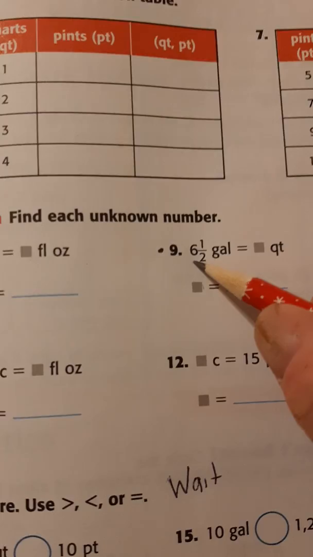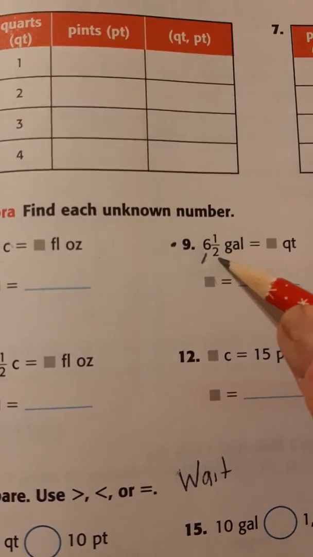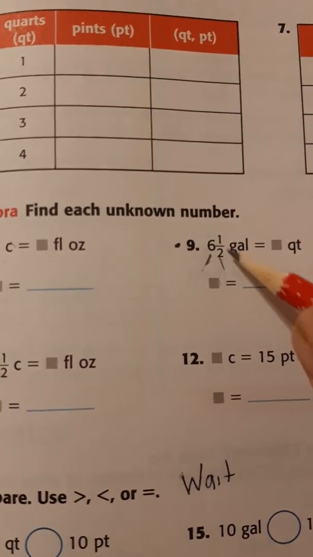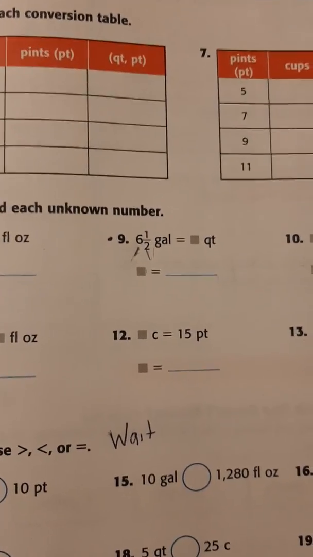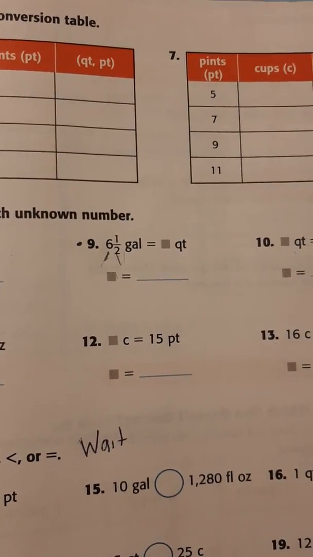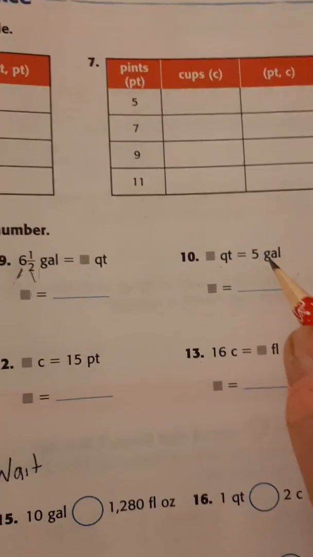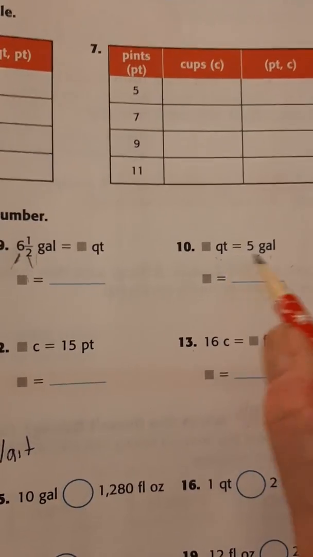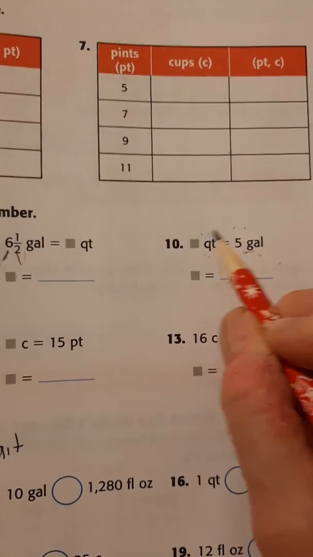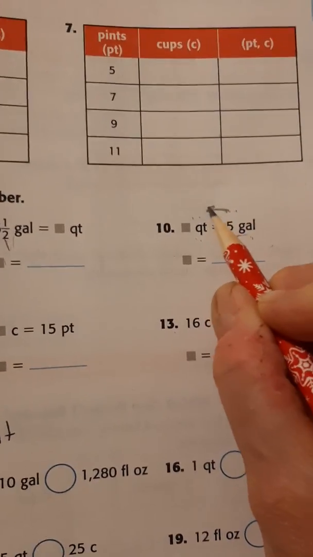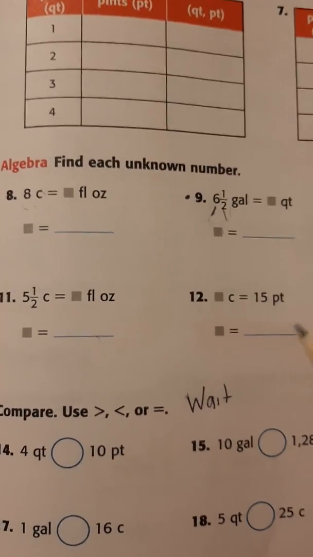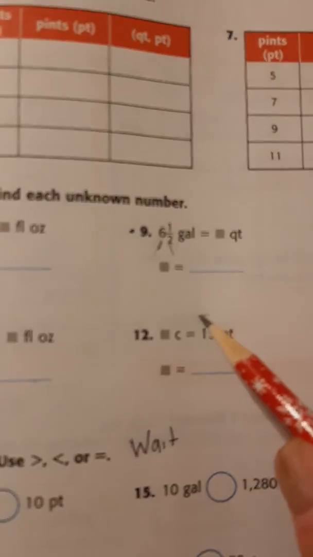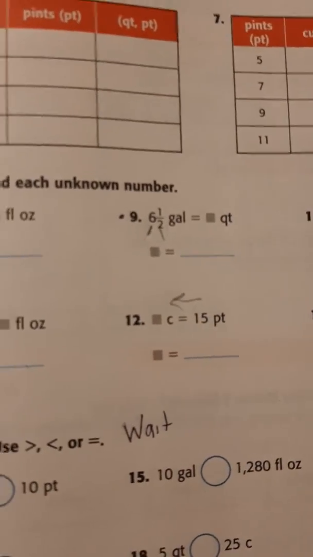Remember, for the 6, you're going to have to break it up. Do this, the whole number plus the fraction. Now look, they put the quarts first, but it's no big deal. You know how many quarts in a gallon. You still have to multiply. You just have to go that way. And the rest is pretty straightforward. Same thing here. You just have to go that way. They try to trick you.